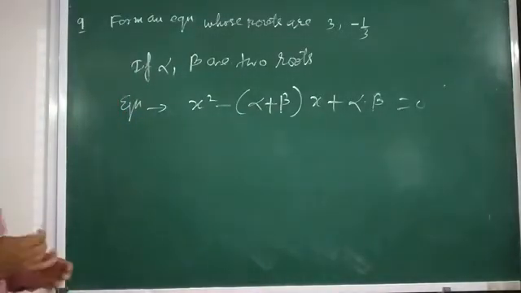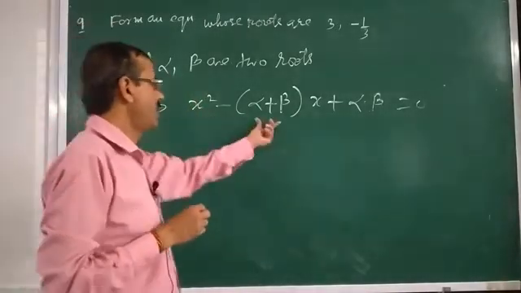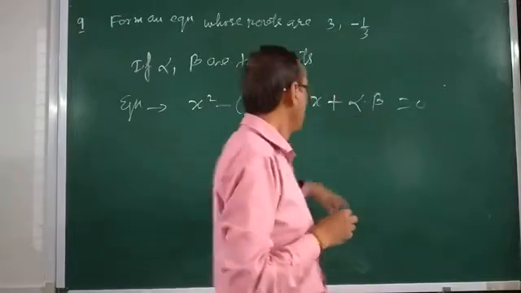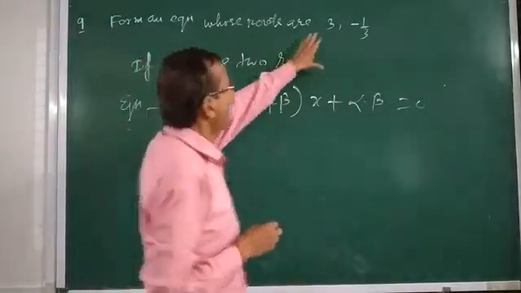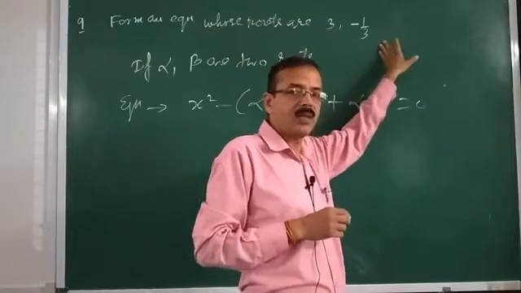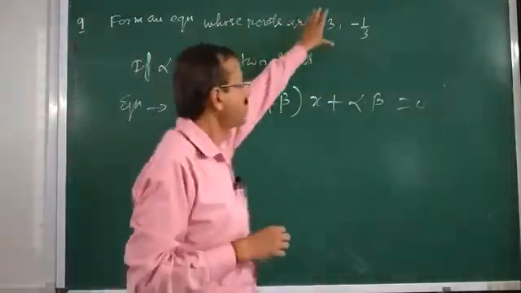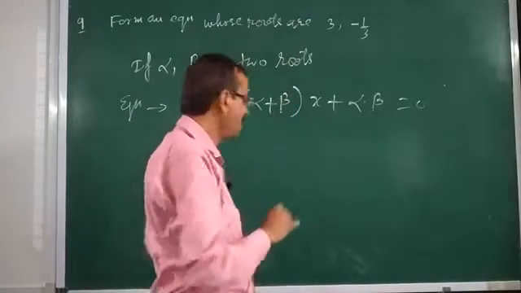That means x square minus the sum of the roots into x plus the product of the roots. Alpha, beta given here are 3 and minus 1 upon 3. So these roots we have to substitute in this formula.